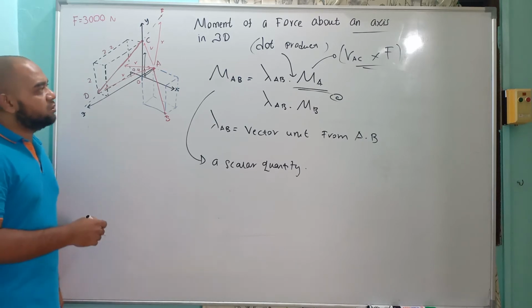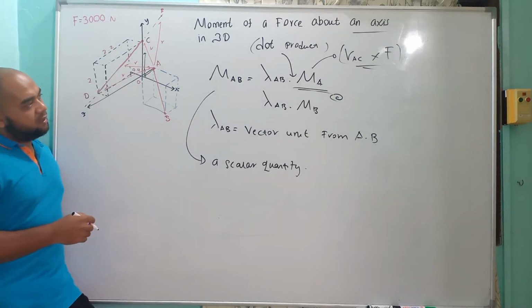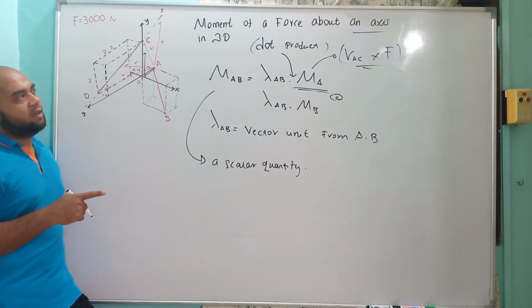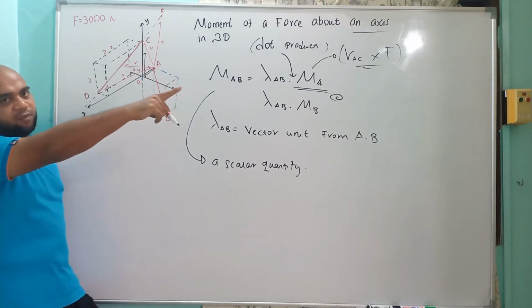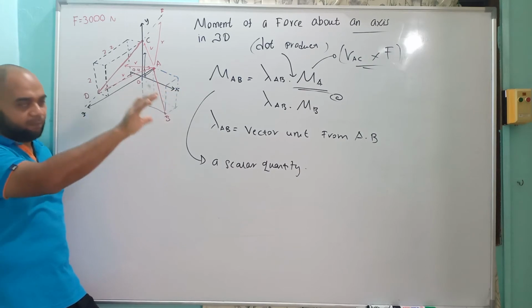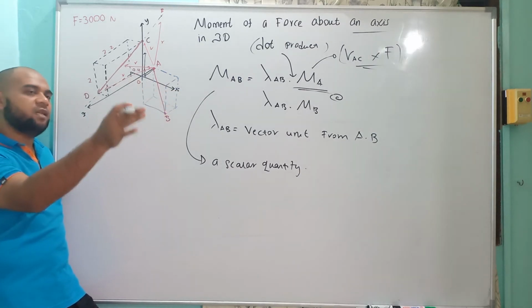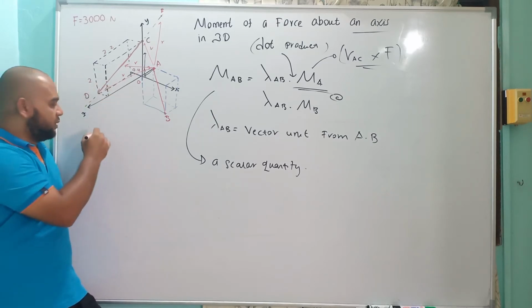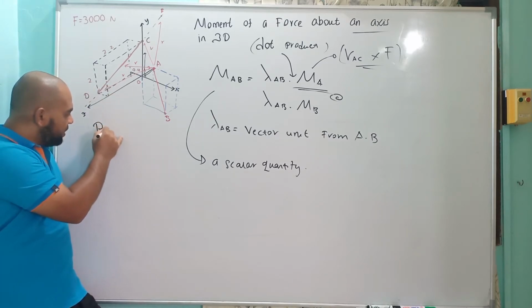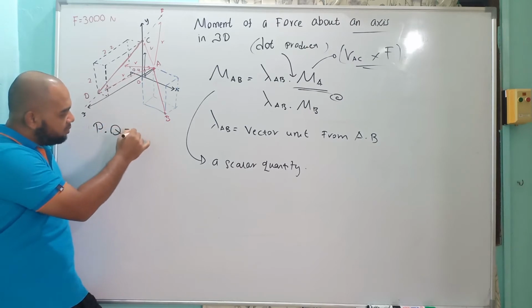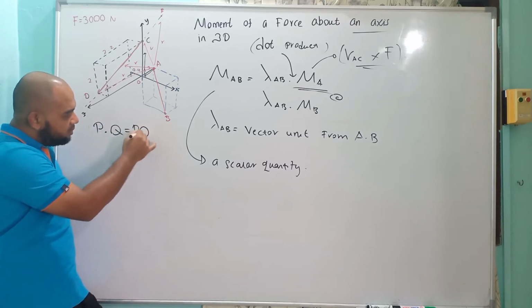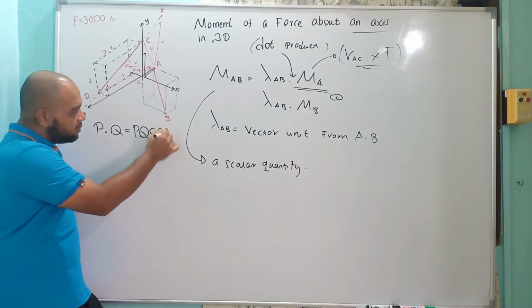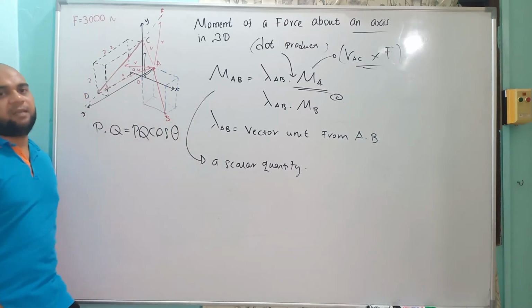Okay, what we need to know is, previously we have seen R cross F. If we have a cross product P cross Q, P cross Q equals PQ sin theta. But for the dot product, P dot Q is equal to PQ cos theta.